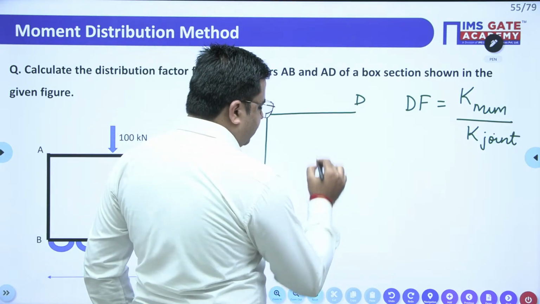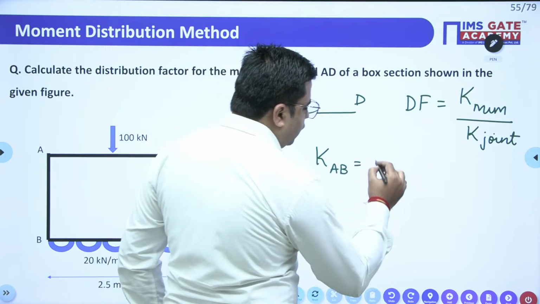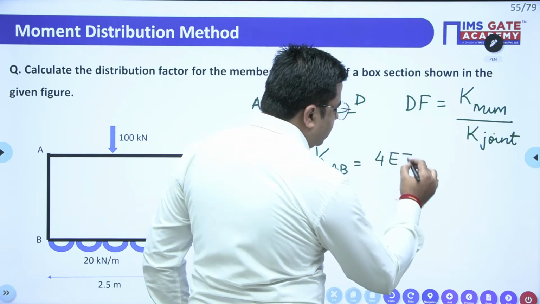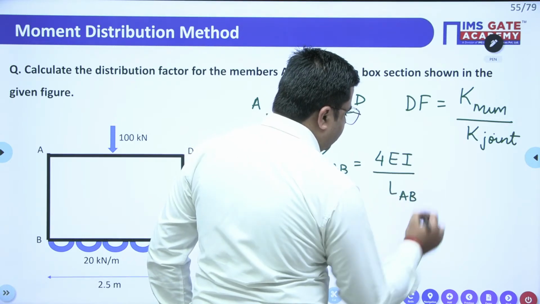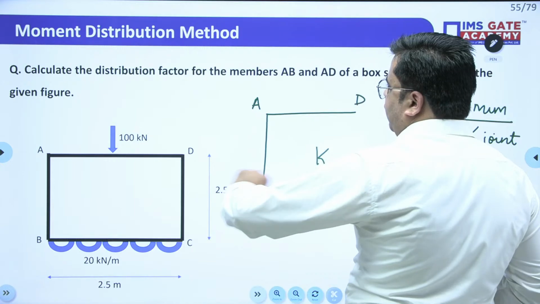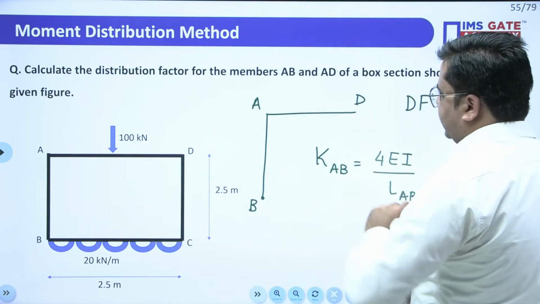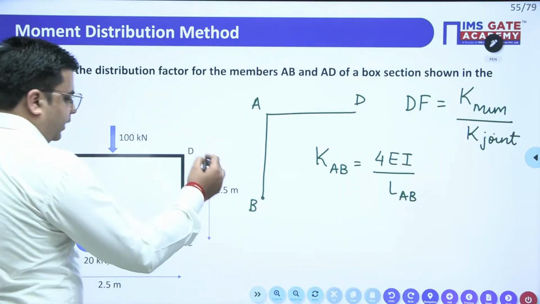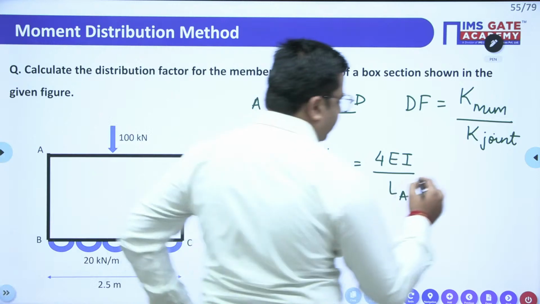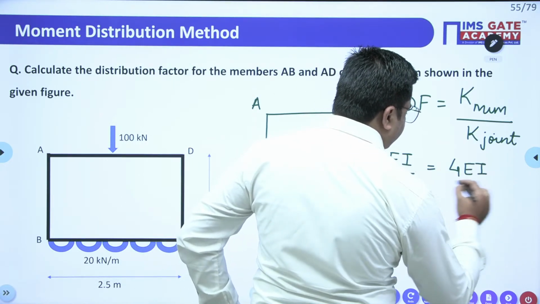So the stiffness for member AB is 4EI by L of AB. Since EI is constant, and the length of member AB is 2.5, this is 4EI by 2.5.